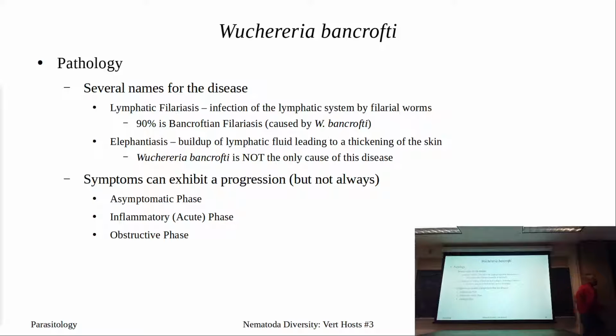Our body responds by increasing fibrinogen, thickening of the skin. All right, and I do note that just because it's elephantiasis doesn't mean it's Wuchereria bancrofti. Some other things will also cause the symptom, what we would call elephantiasis.